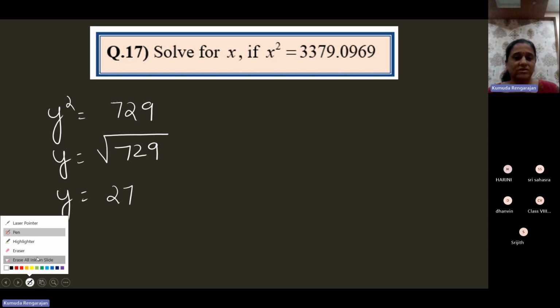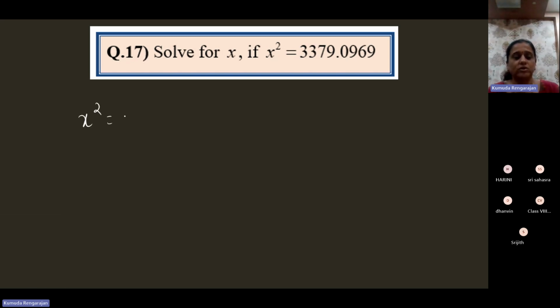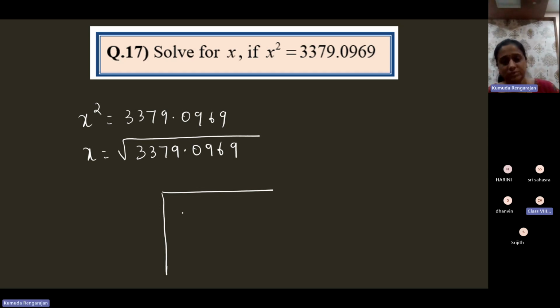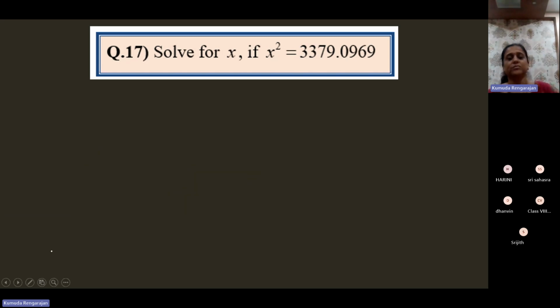Okay. So in the same way here, x squared is equal to 3379.0969. So x is equal to the square root of 3379.0969. Now you can find the square root using the long division method. Yes, ma'am. Find the square root using the long division method, and whatever answer you get here is the value for x. Yeah, do it.